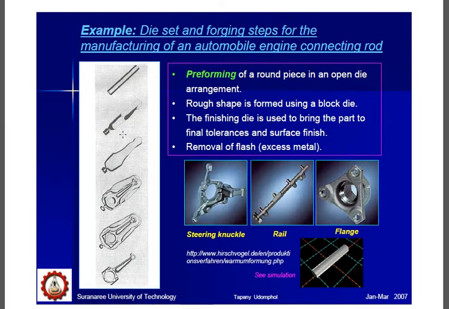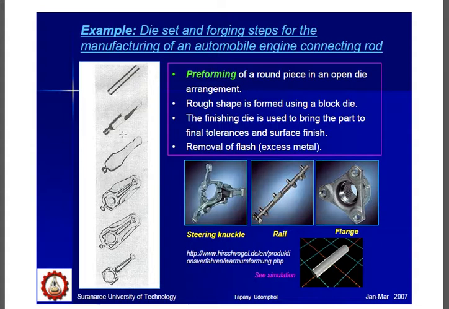Example of die set and forging steps in the manufacturing of an automobile engine connecting rod. Okay. Preforming a round piece is an open die arrangement. A rough shape is formed using a block die.